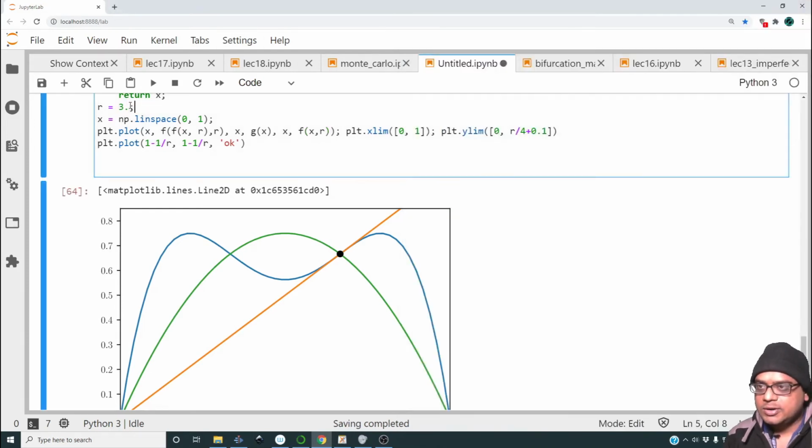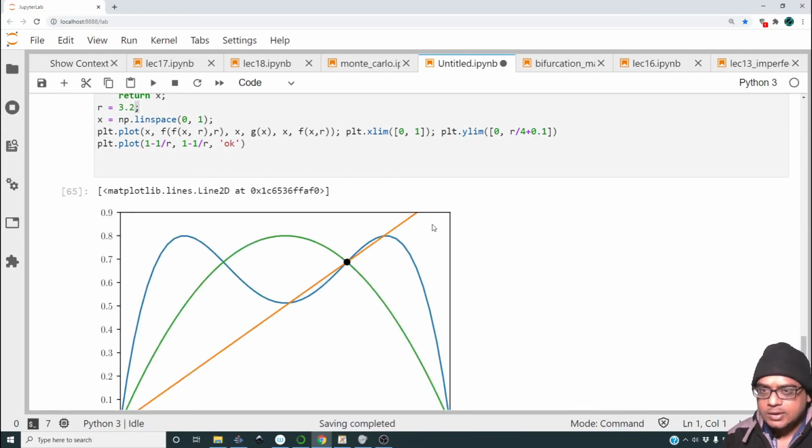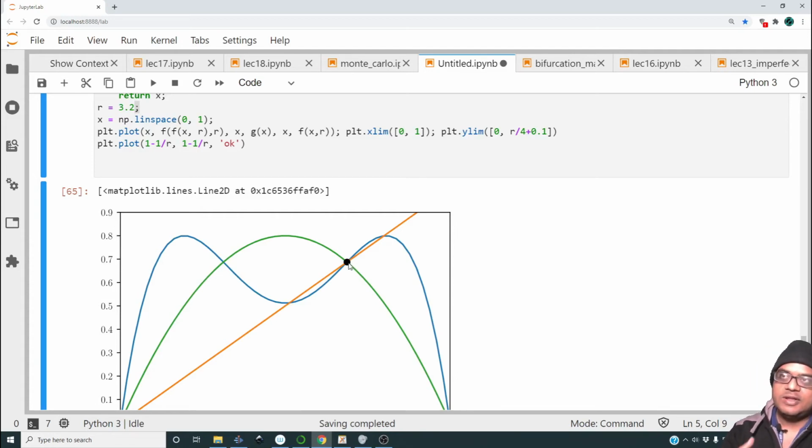And those two iterates are these roots, this root and this root, while this root becomes unstable. So it is like a bifurcation that occurs where the original root becomes unstable and it goes to two different roots. And you can revisit the earlier lectures on bifurcations to figure out what kind of bifurcation it is.